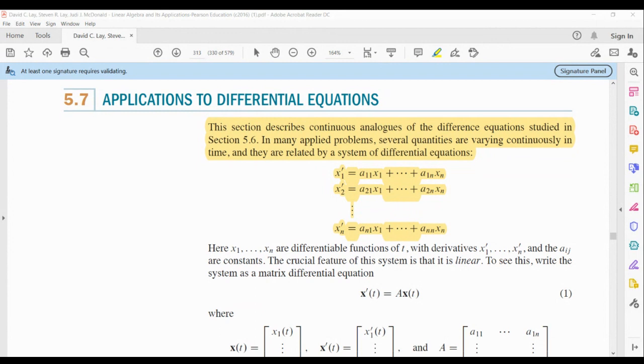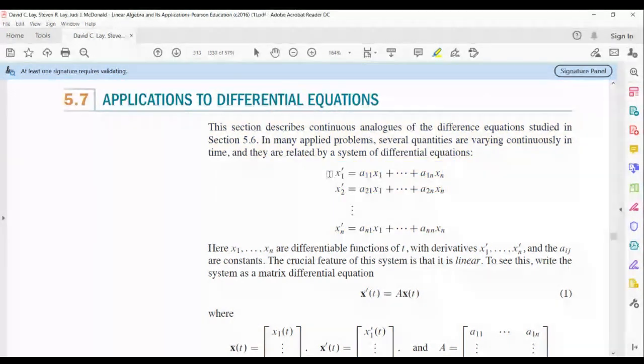Well, in section 5.7, we don't look at one differential equation, but we look at a system of differential equations, a system of linear differential equations.